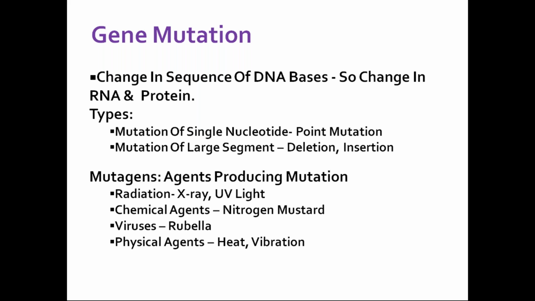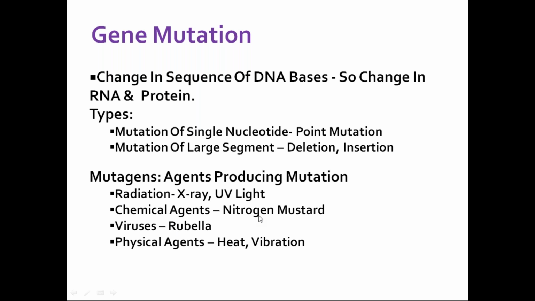Some large segment of a gene may be affected due to deletion or insertion of a new chromosome part. This is called deletion abnormality and insertion abnormality of genetic mutations. Agents producing mutations are mainly radiation. As you know, radiation, especially X-ray, CT scan, and ultraviolet rays, are radiation-induced genetic mutations.